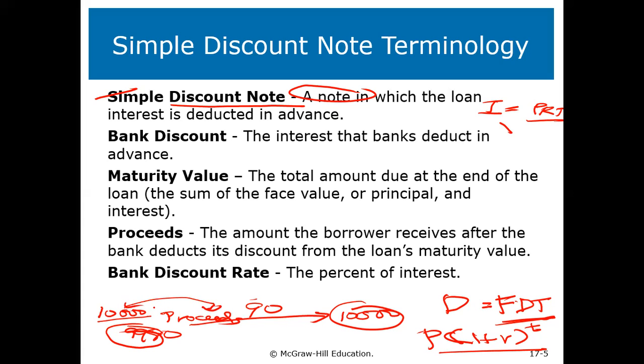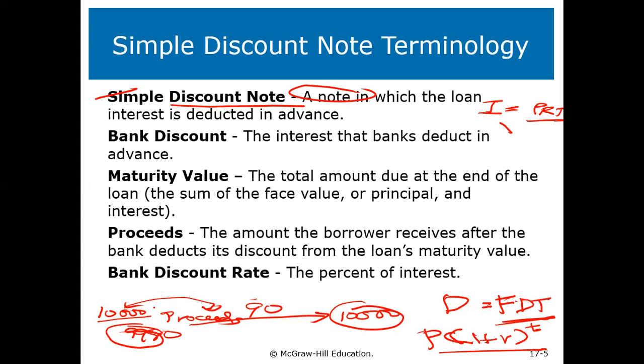Unlike a simple interest note, where I borrow 10,000 and get the whole 10,000. Then after 90 days, I pay the principal or face value, 10,000, plus the interest. So that's the difference between a simple discount note and a simple interest note.